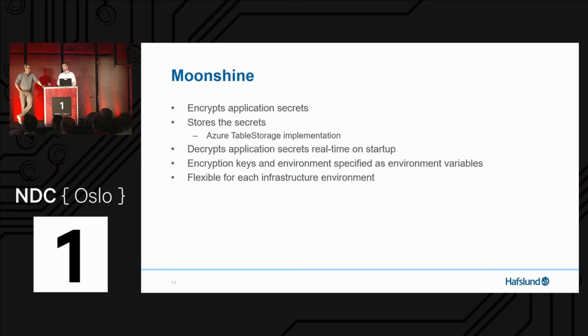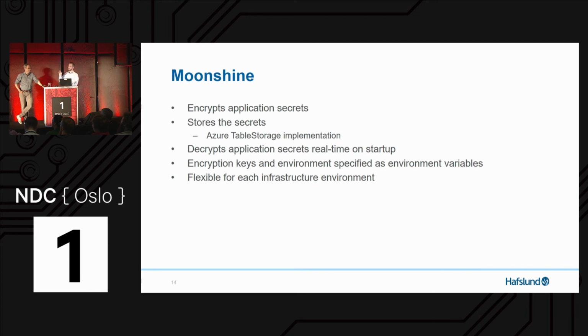Moonshine is our own developed framework in Hafslund. What Moonshine does is that it takes application secrets and encrypts them with a key pair that you provide. It stores them in the implementation we have at the moment, which is a table storage implementation in Azure.